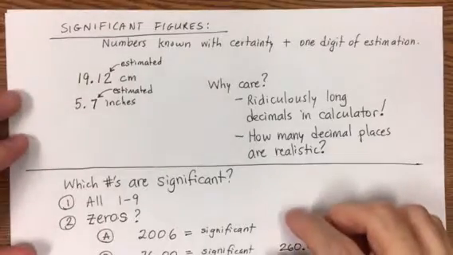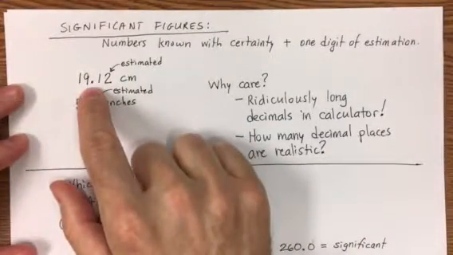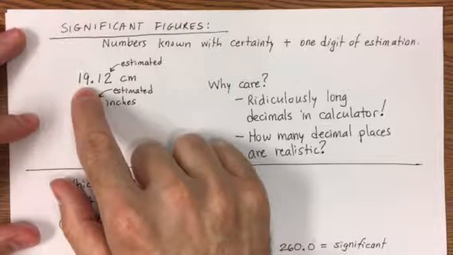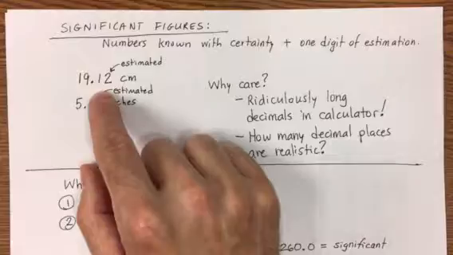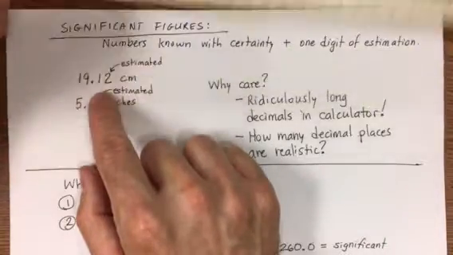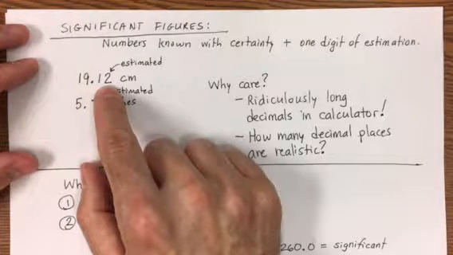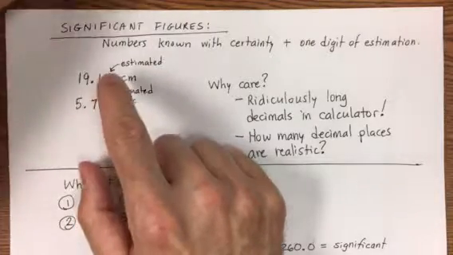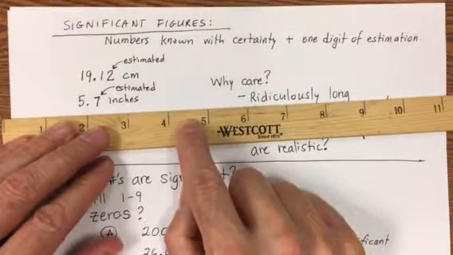Here are two numbers that show significant figures. This number shows 4 significant figures, 19.12. Whenever we're using analog devices like these rulers, we are always able to estimate the last digit, just like I did when I said that I thought the line was 4.5.